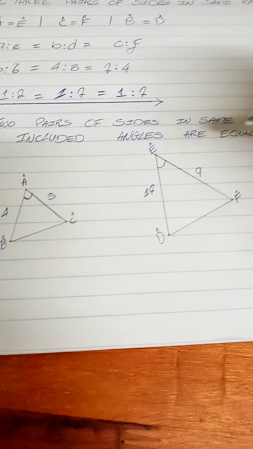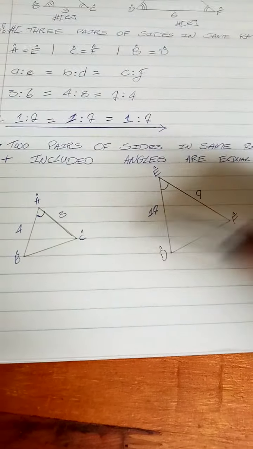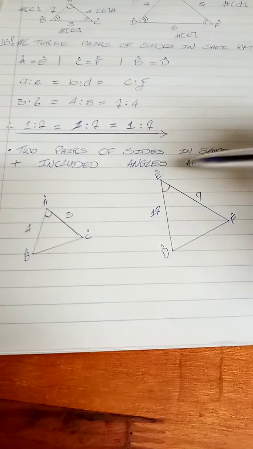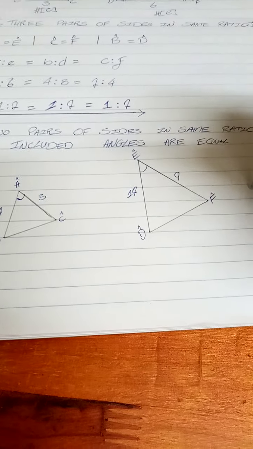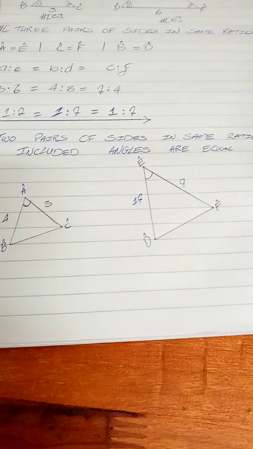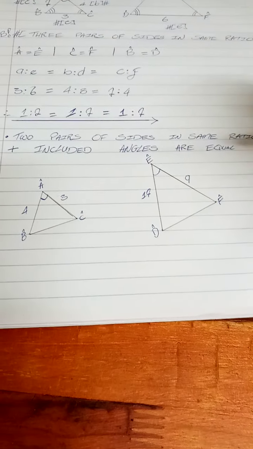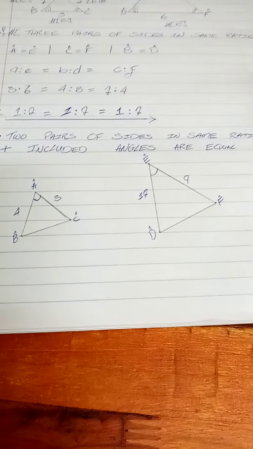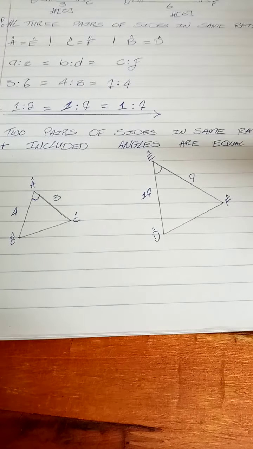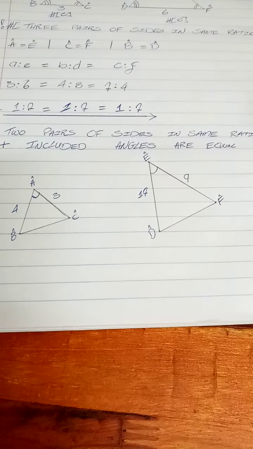So that means just 2 sides in each triangle, plus included angles are equal. So that means the included angle has to be equal, and then the pairs of sides have to be in the same ratio, not equal but in the same ratio.